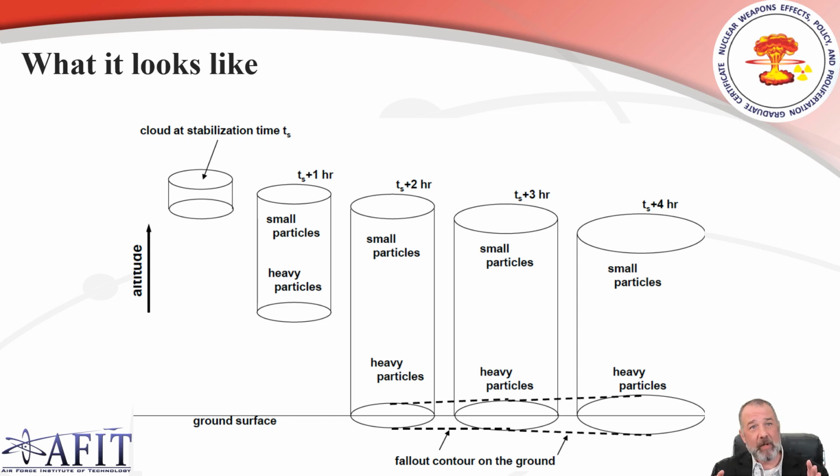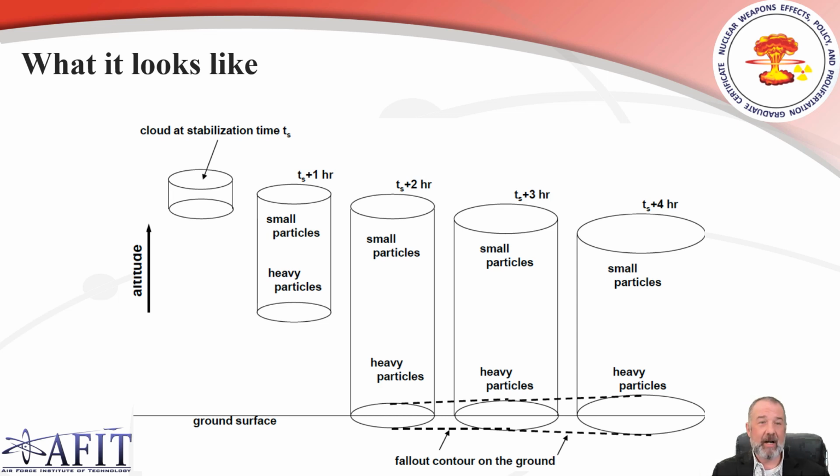And then if we look even further in time, we can see that as the cloud expands out due to, again, atmospheric conditions, that circle on the ground where our heavier material, our fallout, is occurring starts to spread out more, or smearing as it's called. And this produces those contours that we saw at the very beginning of the lecture.